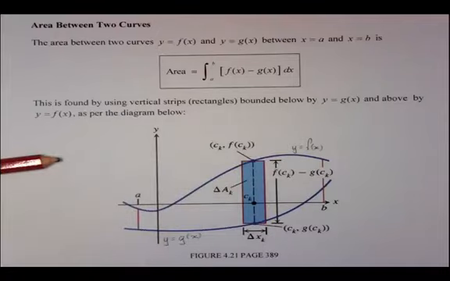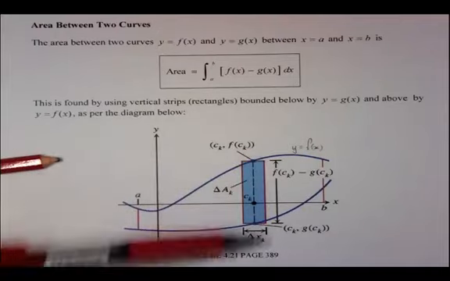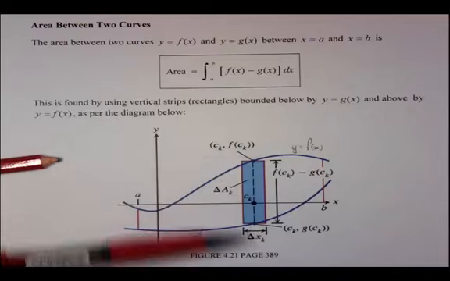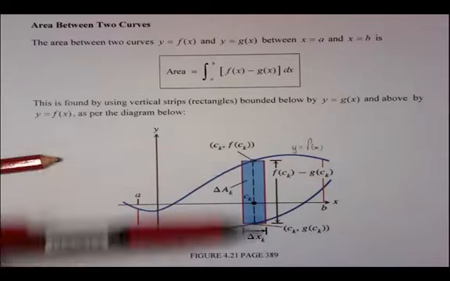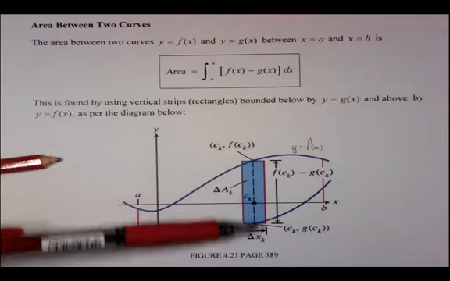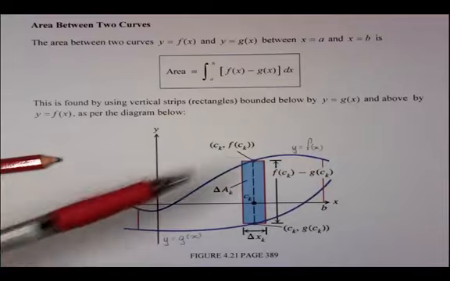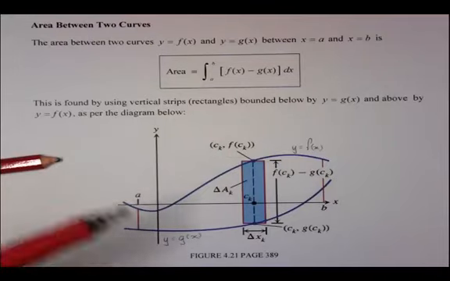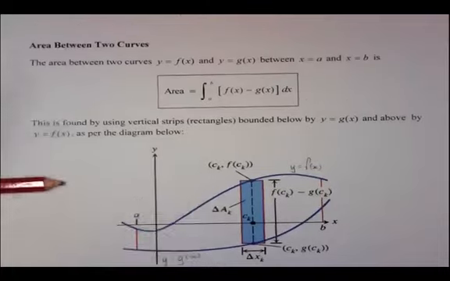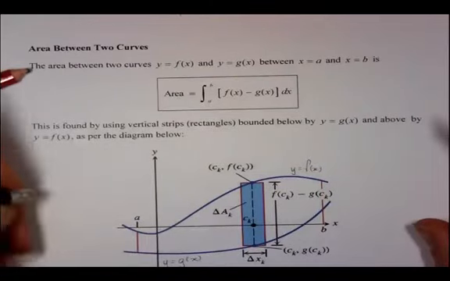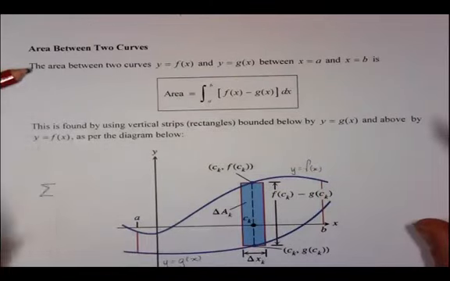Now, the area of a rectangle is the small width here, delta x, times the height, which is f(x) minus g(x). So if we sum those areas up, f(x) minus g(x), delta x, let me write it down here. If we're thinking rectangles, we've got a sum of the areas of the rectangles.